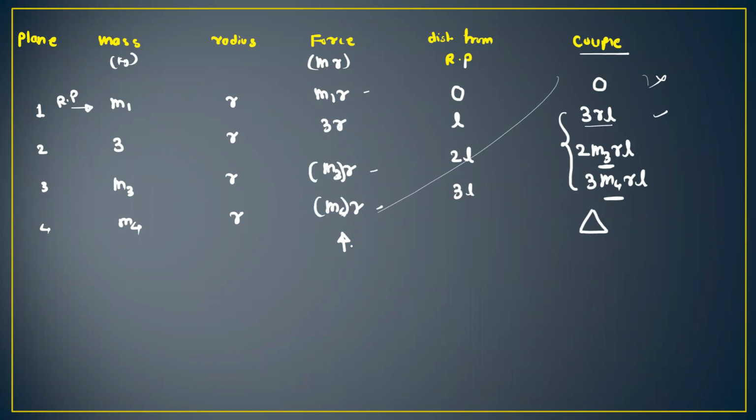So in this column, there will be only one unknown, which is a mass M1. Okay, so then draw the force polygon. So from the force polygon, you will get the value for M1 and the angle. Okay, so this will be your final answer.